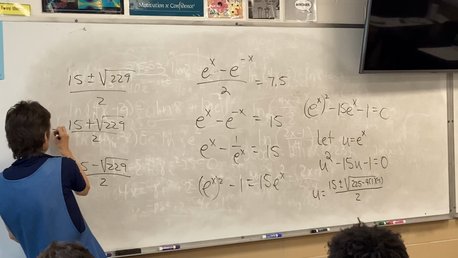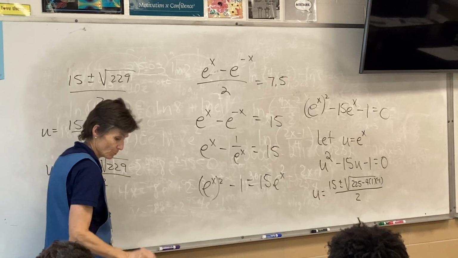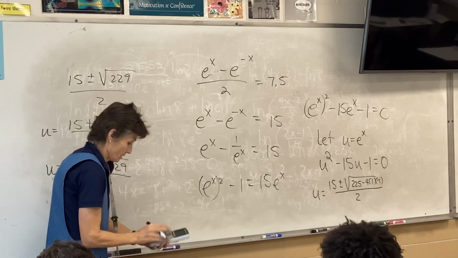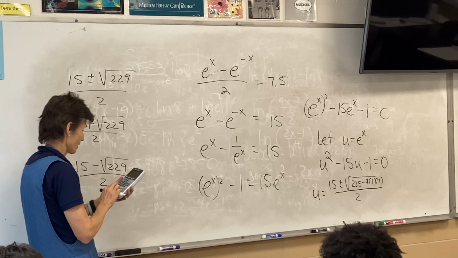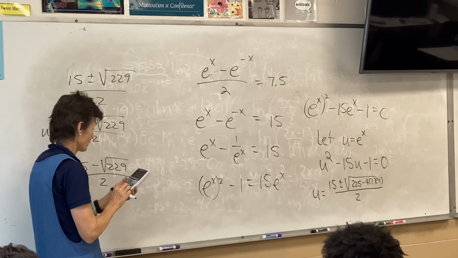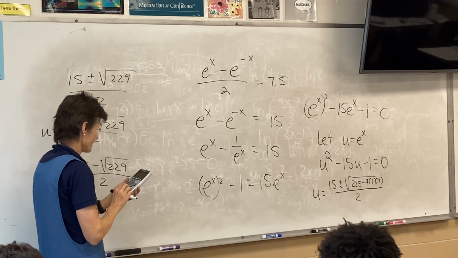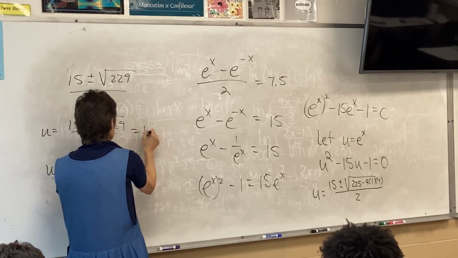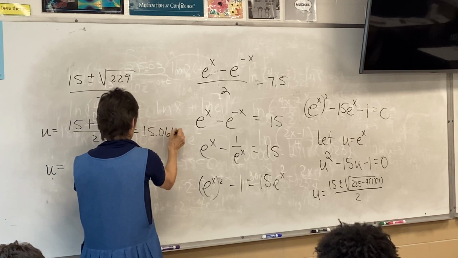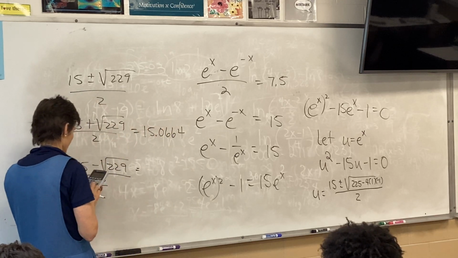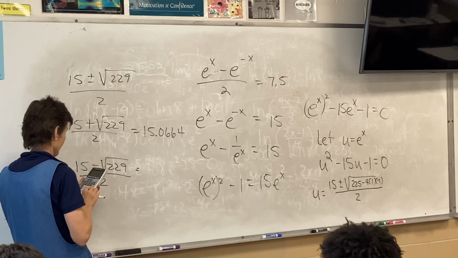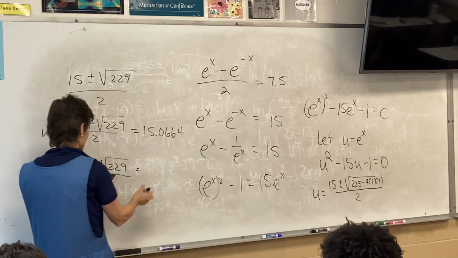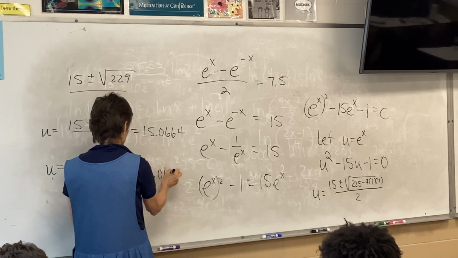But remember, these are u values. These are u's. So 15 plus the square root of 229 divided by 2, I got 15.0664. 15 minus the square root of 229, and negative 0.0664.